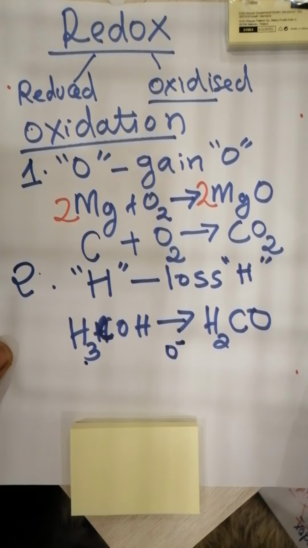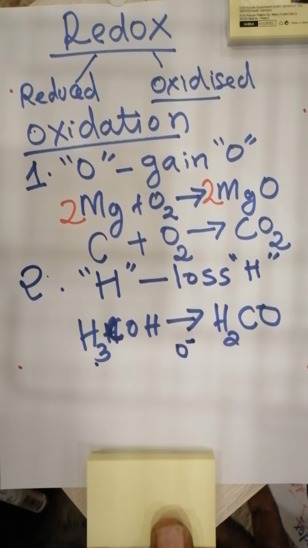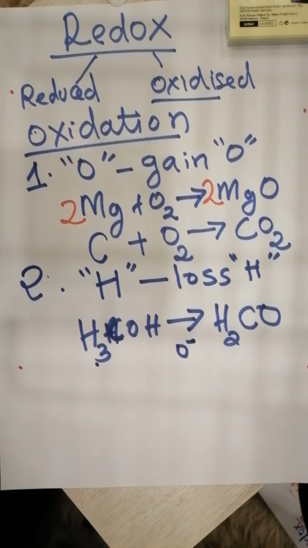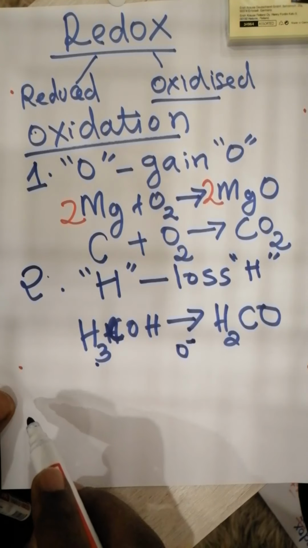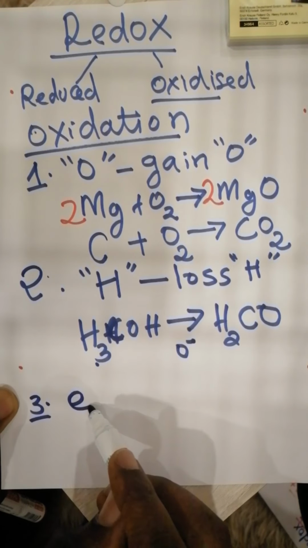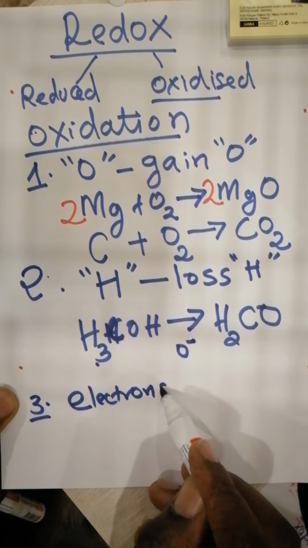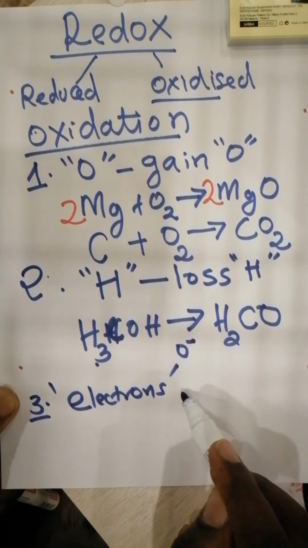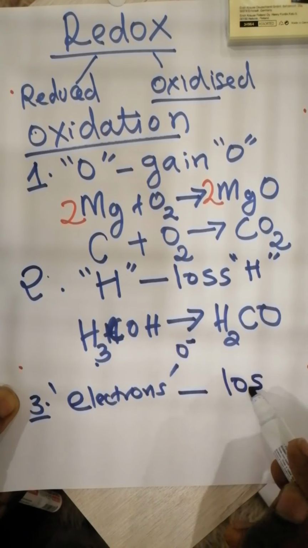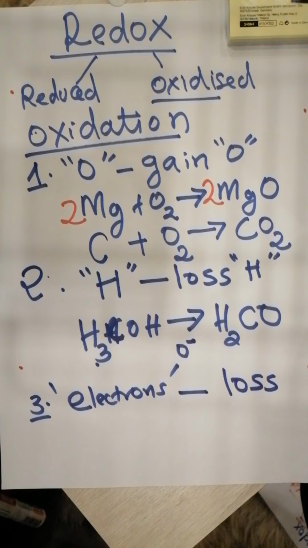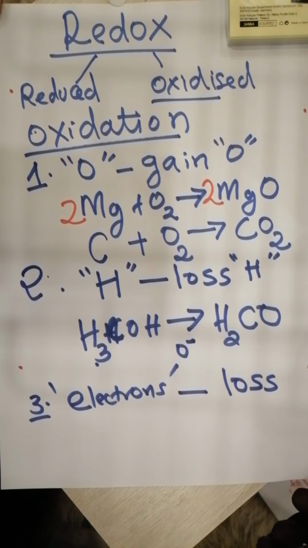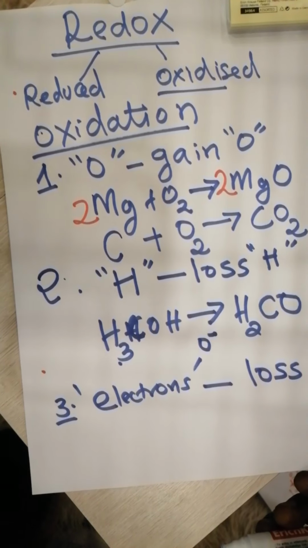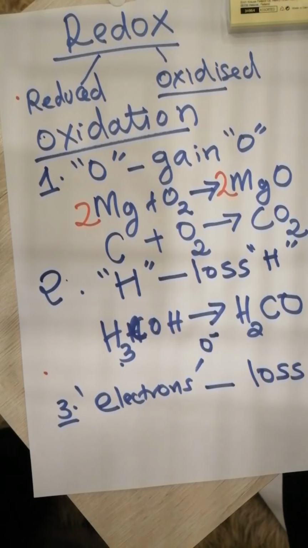The third definition, which we will be most interested in today and in the few lessons to come, is in terms of electrons. And when we define in terms of electrons, we define oxidation as loss of electrons. And this is quite easy when you think about metals. Metals always react to form positively charged ions, and in the process they lose electrons.